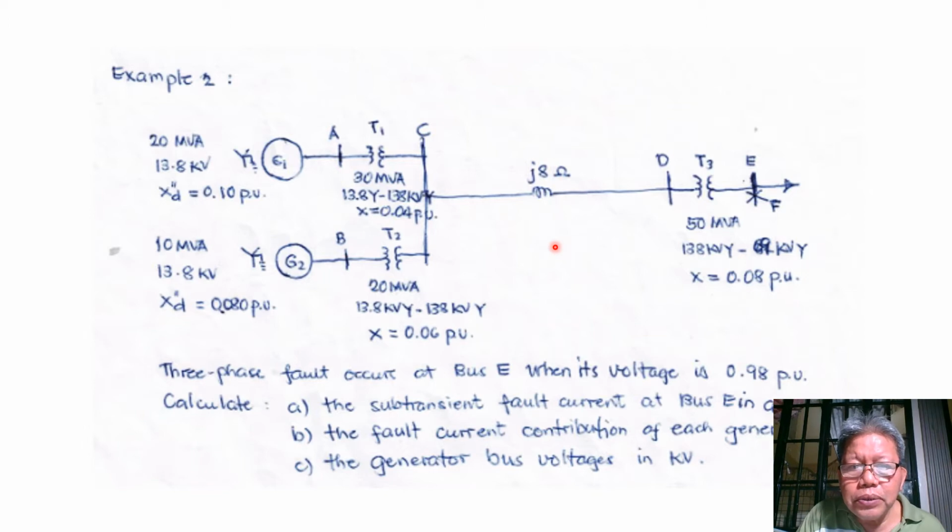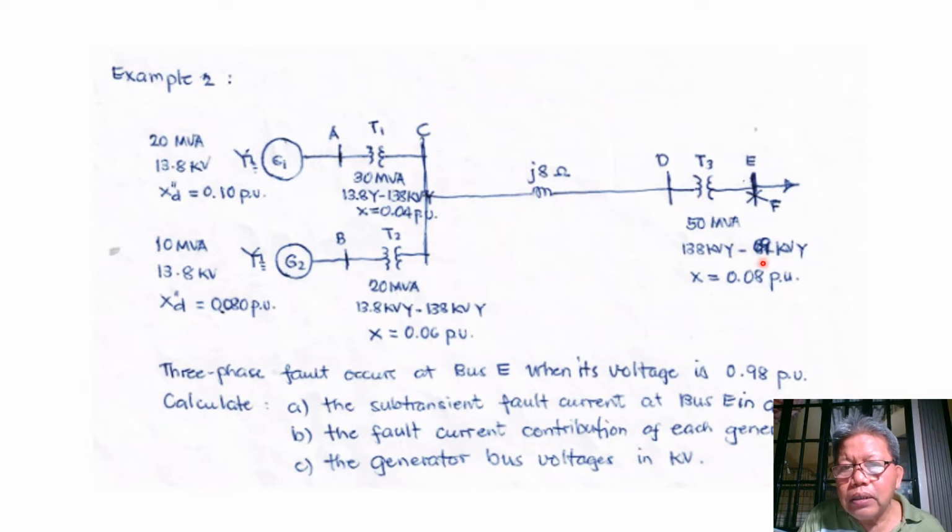Now, notice that in the example we have only the positive sequence values of reactances of our generators, transformers, and transmission lines.